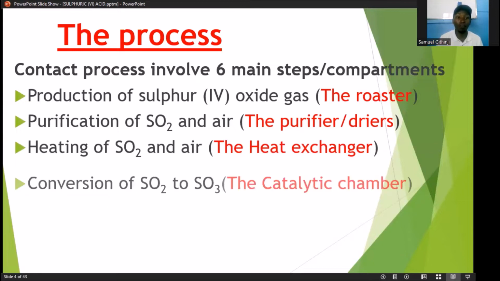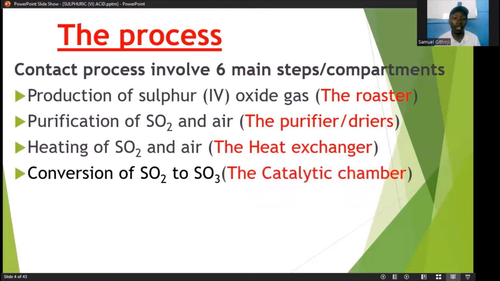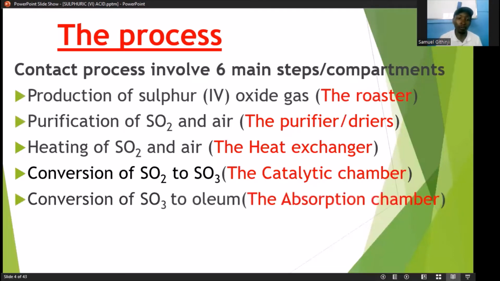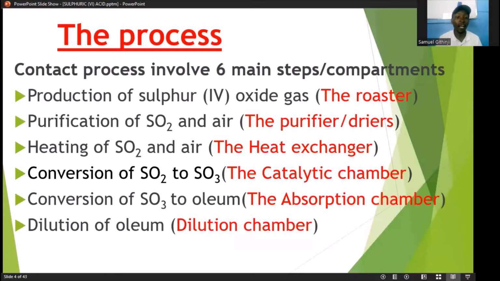Then the next step, conversion of sulfur (IV) oxide to sulfur (VI) oxide in the catalytic chamber. Then we have the next step in the absorption chamber where we convert sulfur (VI) oxide to oleum. Then we have the dilution chamber where we dilute the oleum to get sulfuric (VI) acid. And this is all I'm going to take you through, the 6 steps: the roaster, the purifier or the dryer, the heat exchanger, the catalytic chamber, the absorption chamber, and then the dilution chamber.